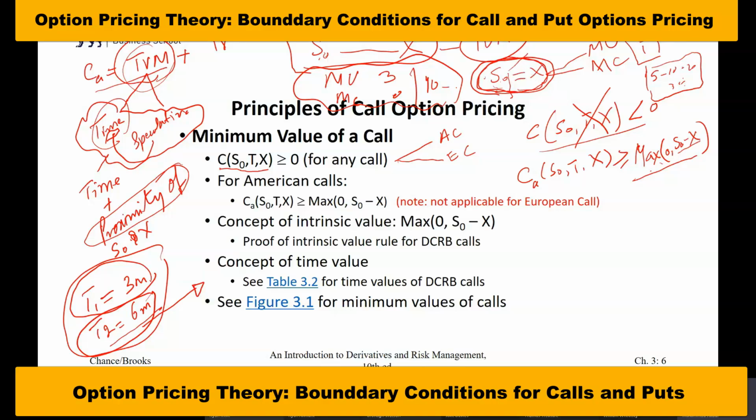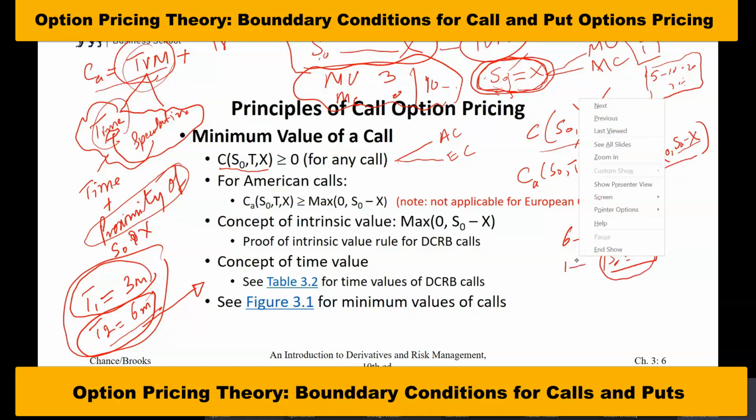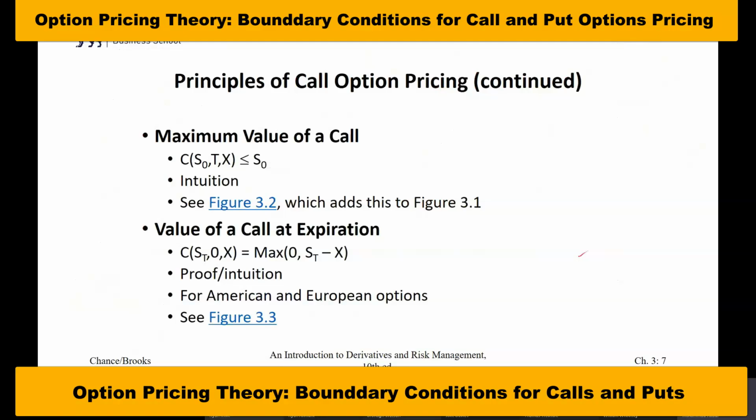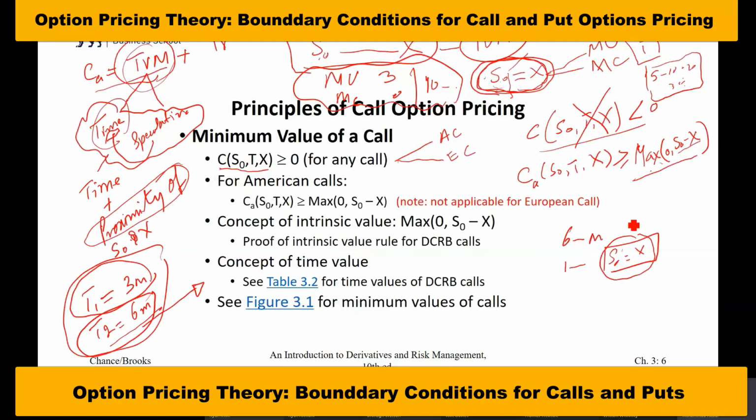And remember, the more time is there, for example, the option is expiring in 6 months, and we have the first day of the option, so there are nearly 6 months left, and right now it is S0 and X. So again, the proximity here is important, but there is also an effect of the remaining time period. The more time that is left to expiration, the higher are the chances that the stock price can go up or go down. So that will also affect the value of the option.